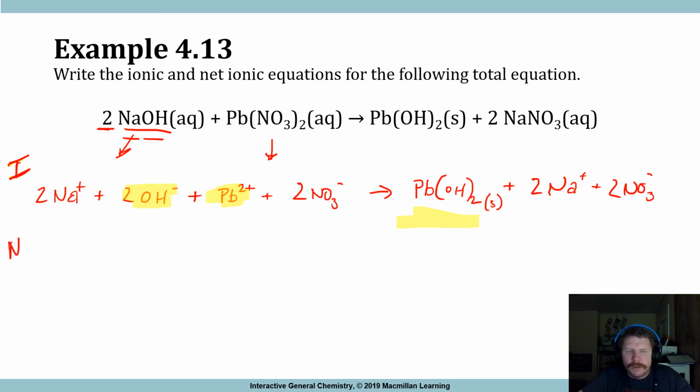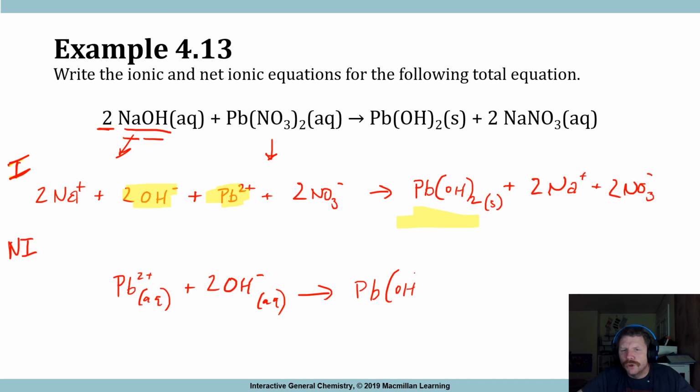Now what I need to do is write my net ionic equation. So all that I'm going to do is write Pb2+, I'll put the aq down here. I'll put the states now because it's a smaller number of things to worry about. 2 OH minus aq yields Pb(OH)2, and that's a solid.